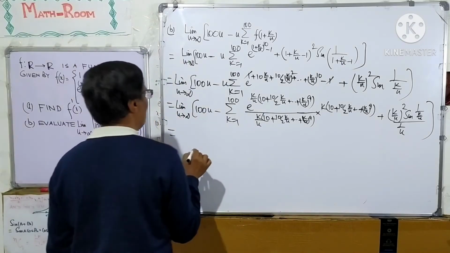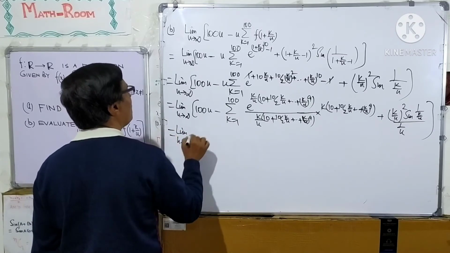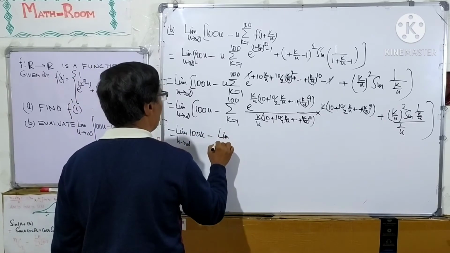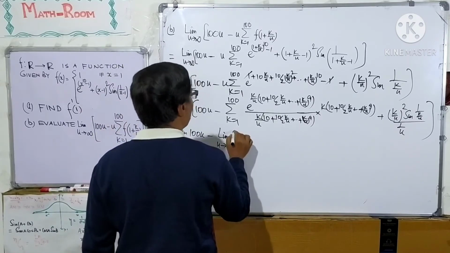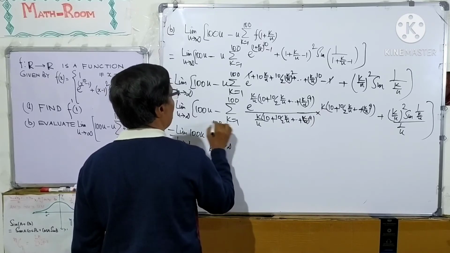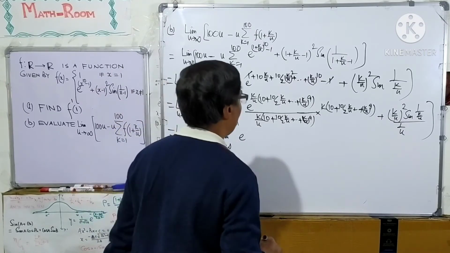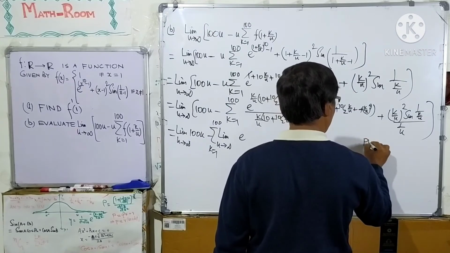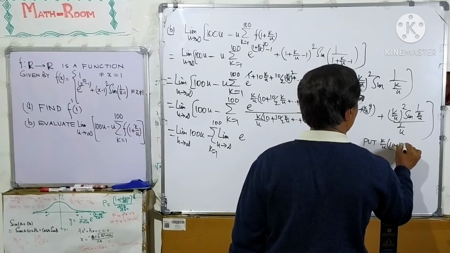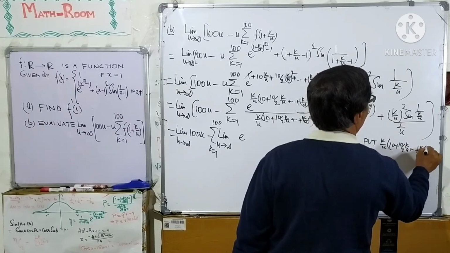Now, we can write the limit as u tends to infinity of 100u minus the summation from k equal to 1 to 100 of the limit as u tends to infinity of e to the power, where we can put k over u times (10 plus 10C2 k over u dot (k over u) to the power 9) as m.